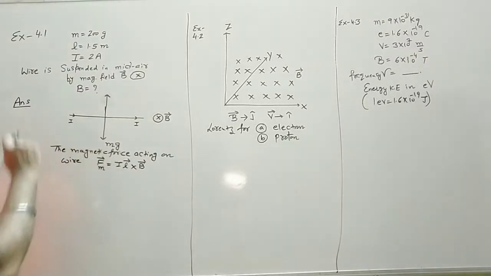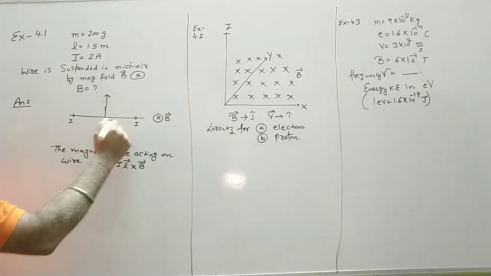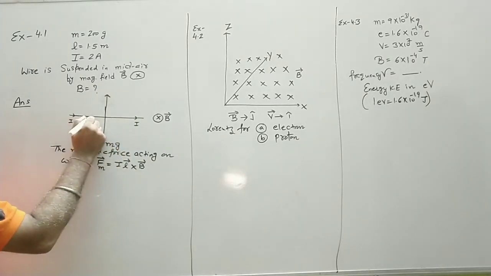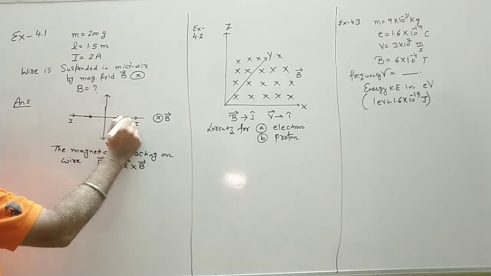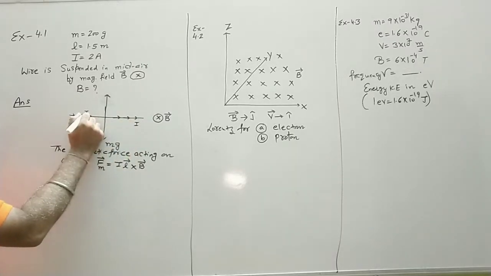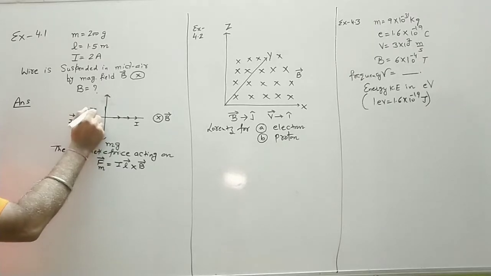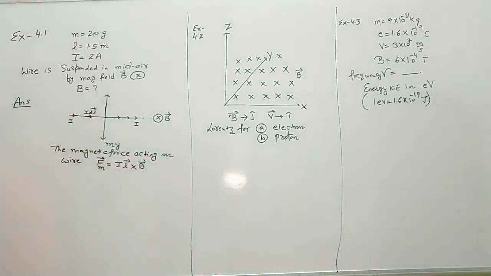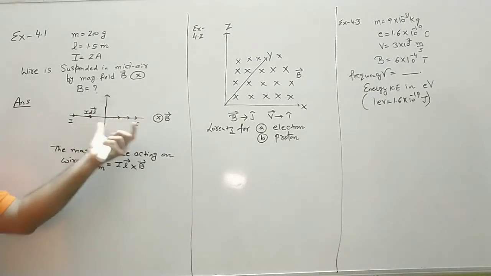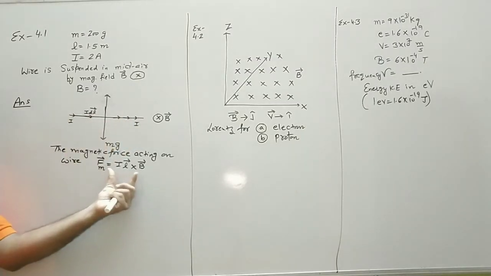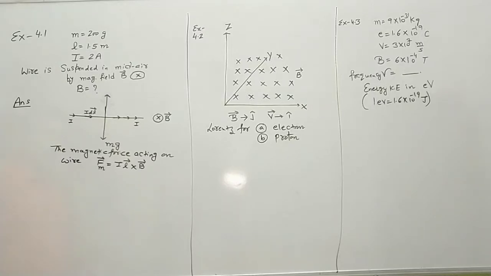If I have to determine this, I will divide this entire wire into small elements, each referred to as IDL, a current element, and then we do the integration or summation, and this is the resultant force acting on it.